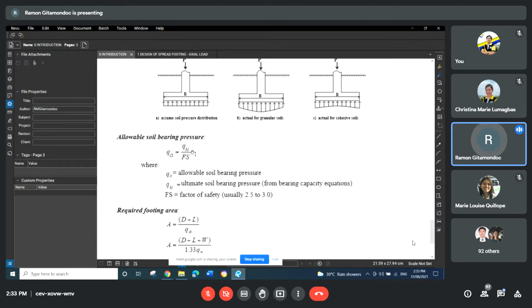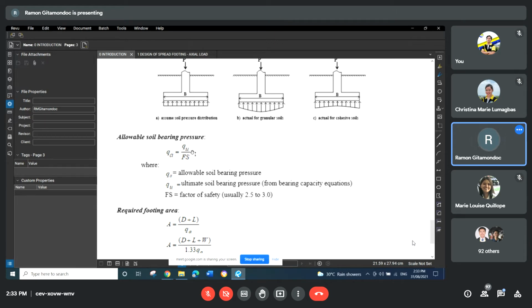Now, regarding the factor of safety to be used, I have read a lot of geotechnical reports from geotechnical engineers. They are the consultants who prepare or interpret the results of the laboratory testing of the soil materials. So the geotechnical engineers are the ones who recommend the allowable soil bearing capacity. Usually they recommend a factor of safety from 2.5 to 3.0.